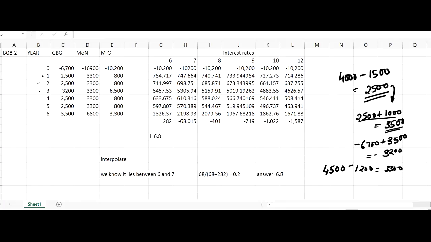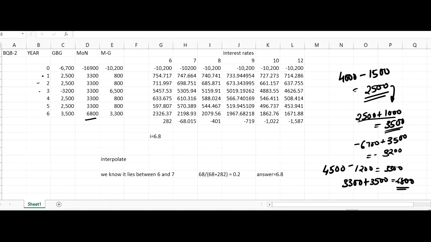MON is having a tenure of 6 years, so it will go up to all the 6 years, and for the 6th year you have to calculate 3300 plus the salvage value, that is 3500, which gives you 6800. So this is how you get the values for MON.